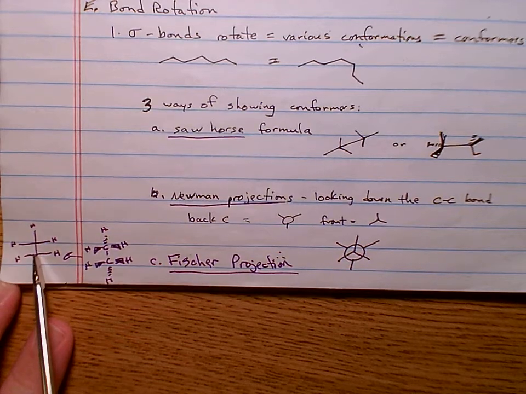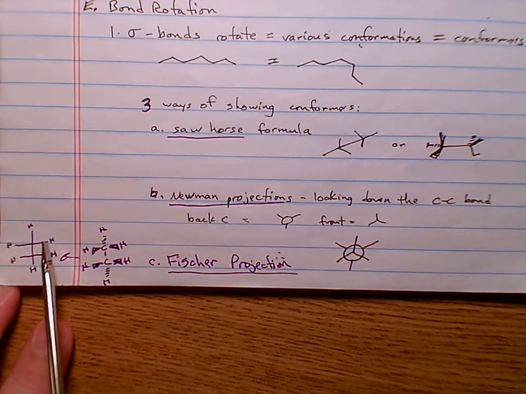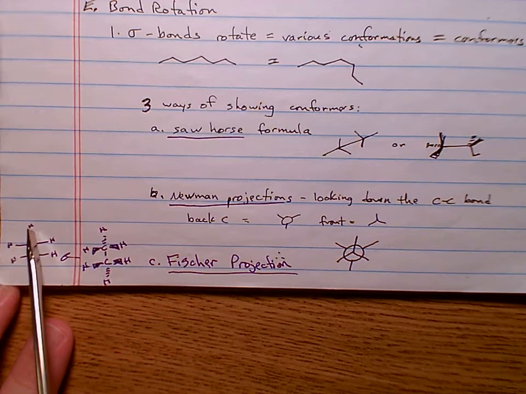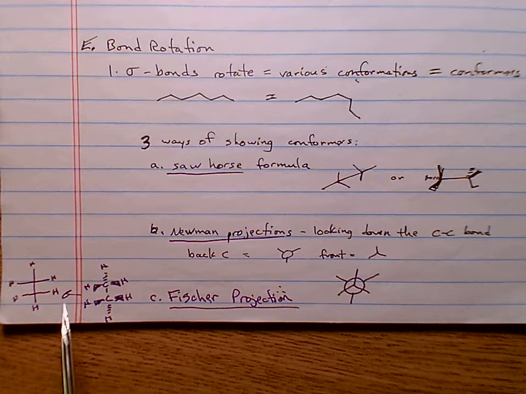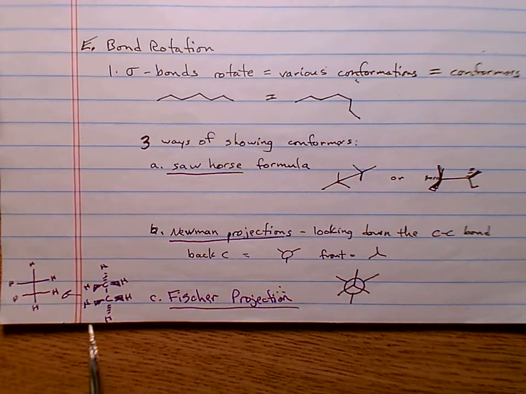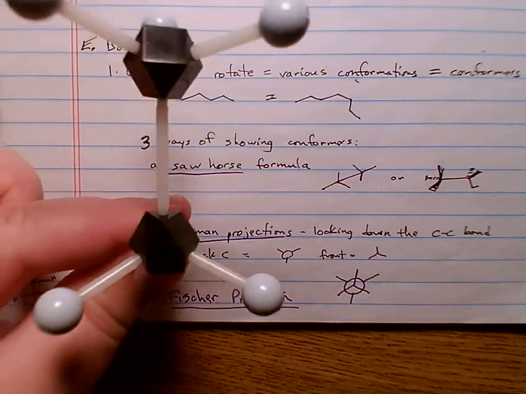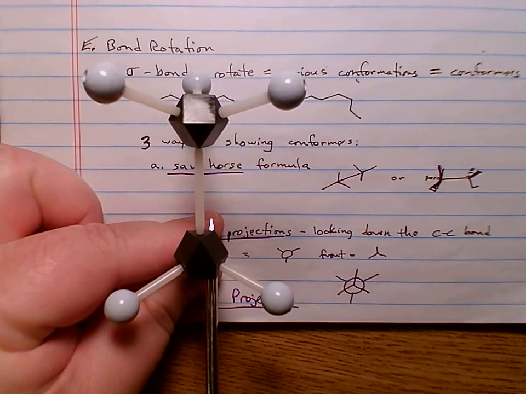Wherever lines cross are carbons. Horizontal lines mean these two hydrogens are coming out towards us. Vertical line means this hydrogen is going backwards. So when you see this Fischer projection, basically you have to say, that is looking at the molecule like this.